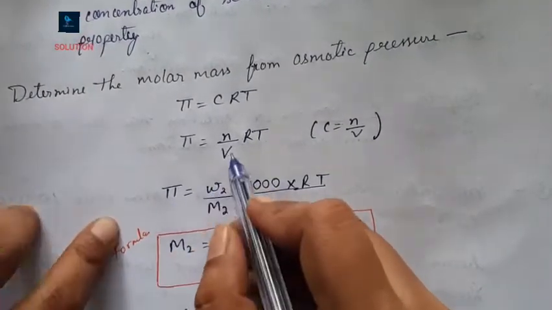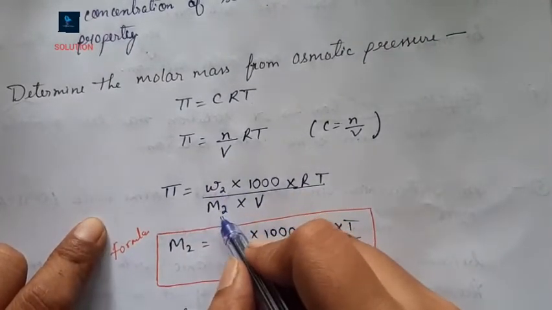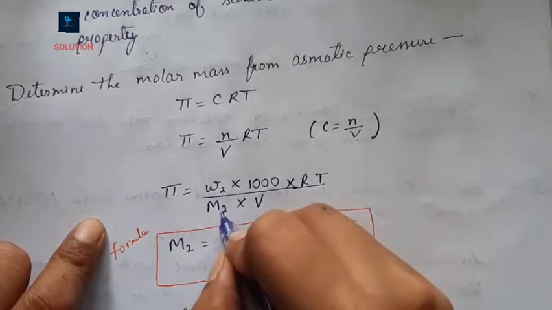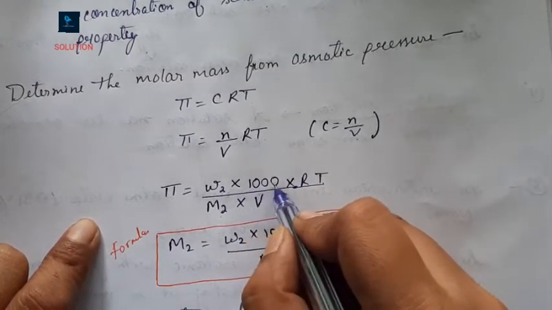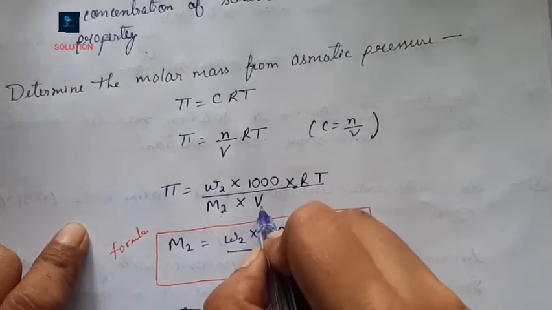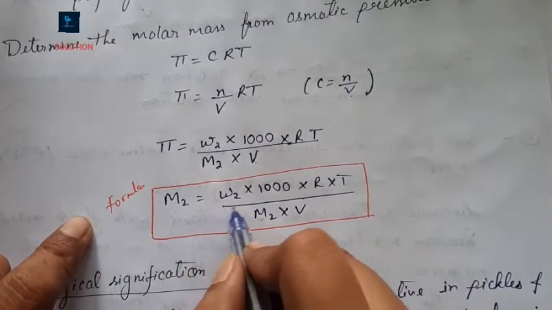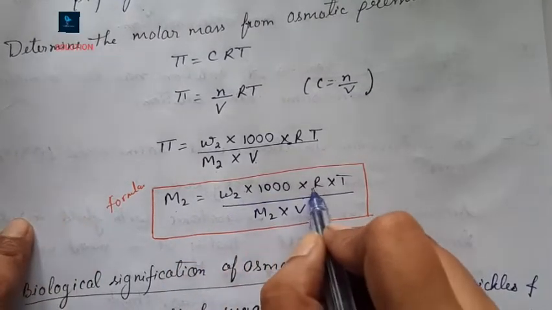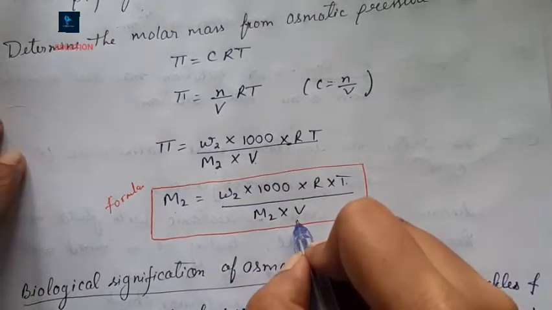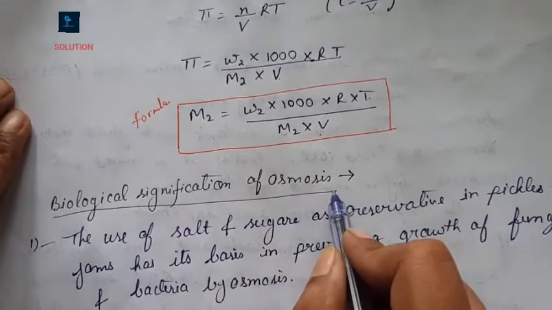When we put the value of moles, we get pi equal to W2 upon M2, where W2 is the weight of solute and M2 is the molar mass of solute, into 1000 into R into T divided by volume. And for the molar mass, M2 equals W2 into 1000 into R into T divided by pi into V.